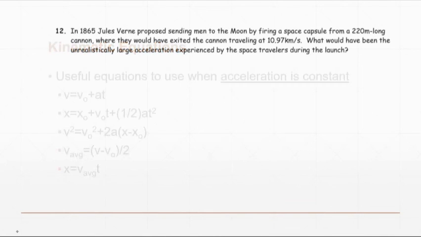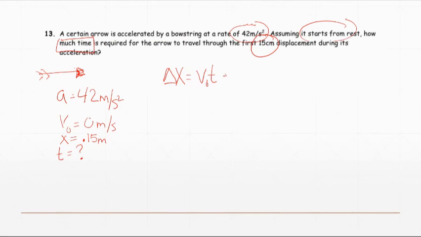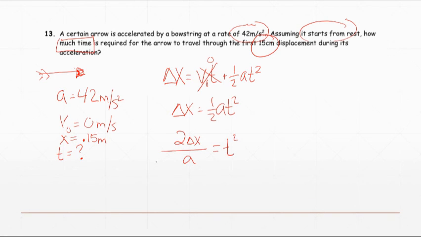I'm going to use my change in x equals v initial t plus 1/2 at squared. I'm going to start to manipulate my variables. This ends up becoming 0 because it starts from rest. I have my change in x equals 1/2 at squared. So then I end up getting 2 times change in x divided by a is equal to t squared, and I'm going to square root both of those sides.